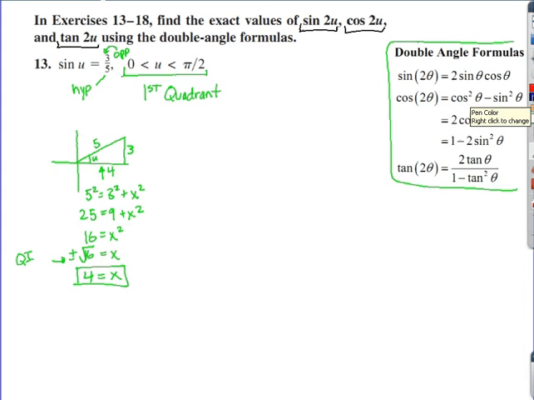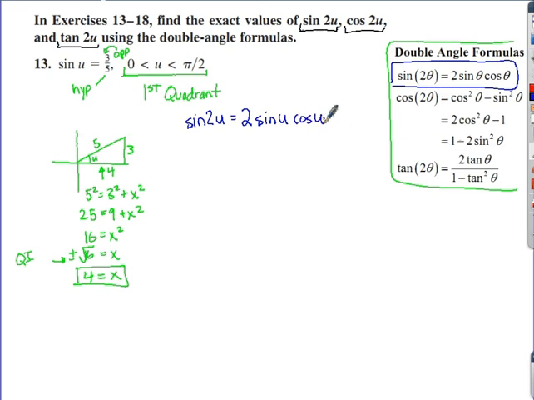First thing is sine 2u. We have sine 2u right here, it's given in our formula. So we just write it down as 2 sine u cos u. I'm just replacing theta with u. Now we can easily tell what sine 2u is because we know what sine u is. They give it to us, it's 3 over 5.